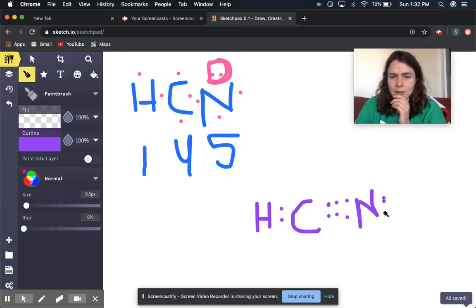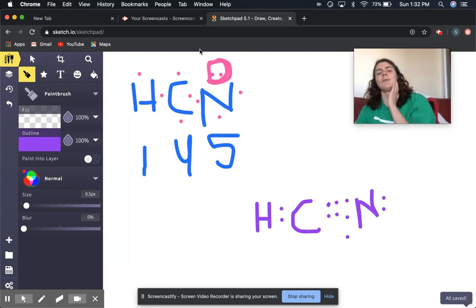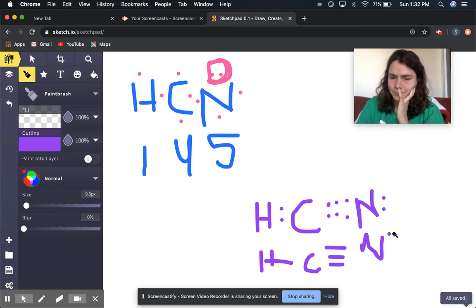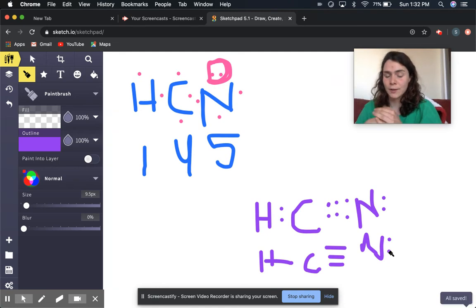But nitrogen also has that lone pair, don't forget, because if you total up, that's the same amount of electrons up there as down here. So now you can change all these dots to bonds. H is bonded to C, which is triple bonded, because there's 6 dots, to N. So one line equals 2 dots. And the lone pair is not in a bond, so you just leave those as dots.